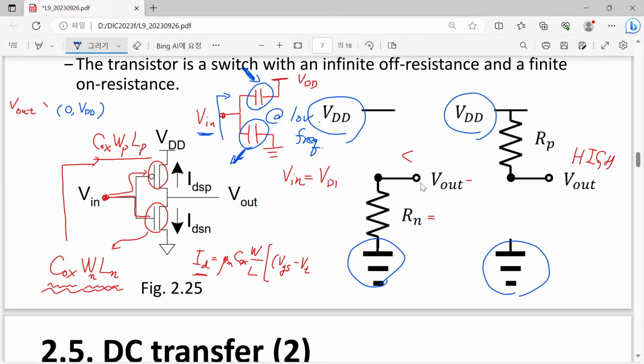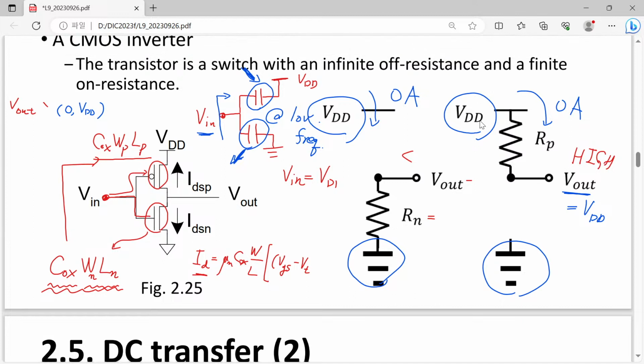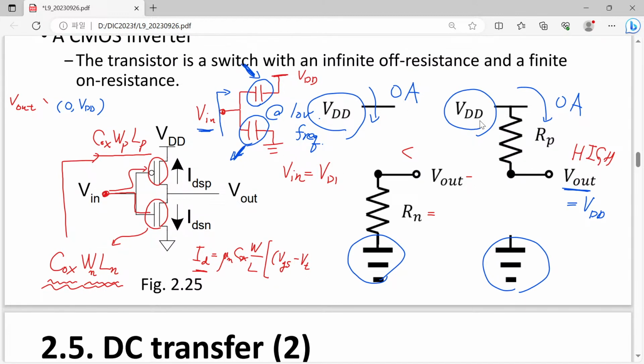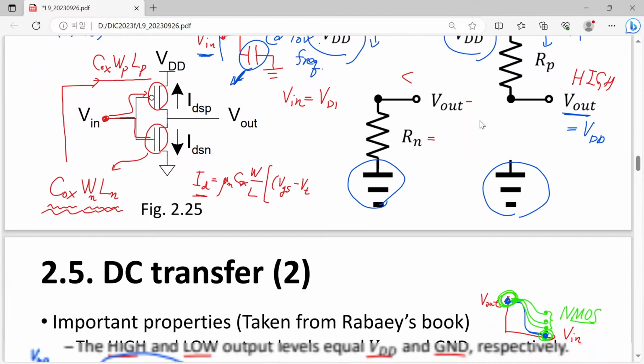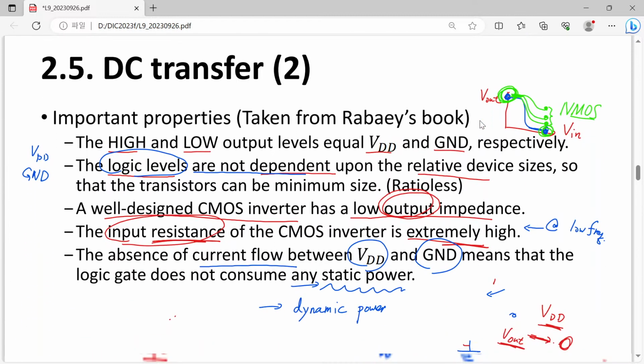So therefore there will be no current at all. Why? Because now this one becomes just VDD, so there is no voltage difference and there will be no current flow. So simply speaking, no power consumption in the case of our static power consumption.